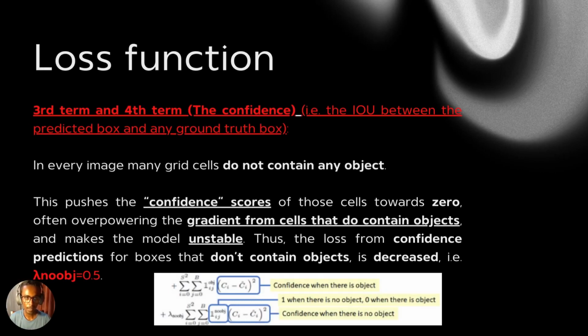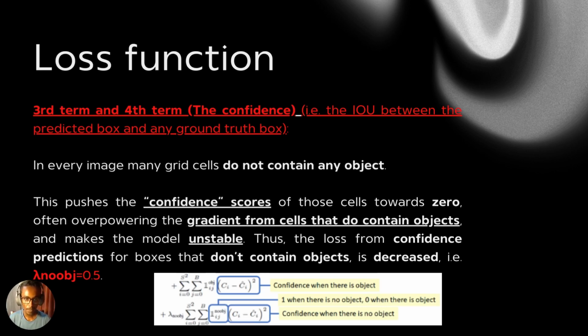The third and the fourth terms are just for the confidence score, the C terms that we mentioned before. And in every image, many grid cells do not contain any object. So if there is no object, for the first term we used obj, and for the second one we used no obj for the identity function.